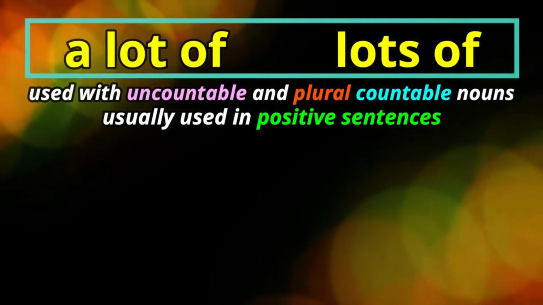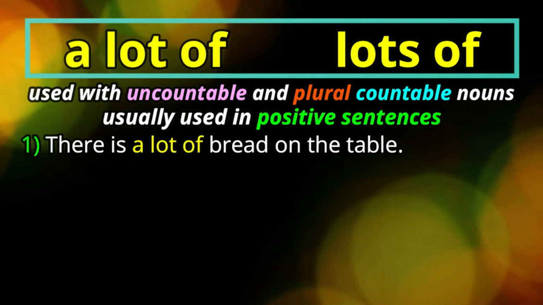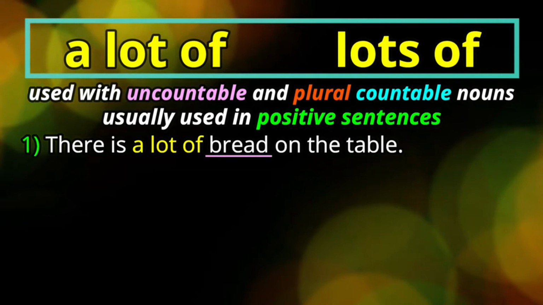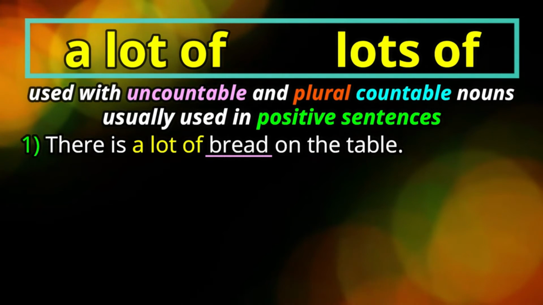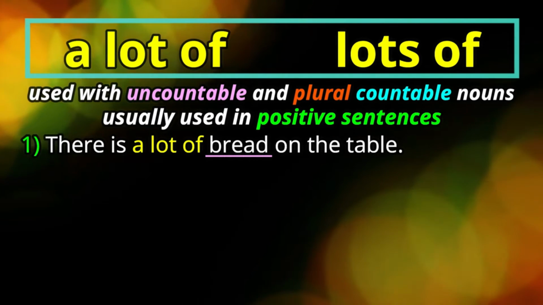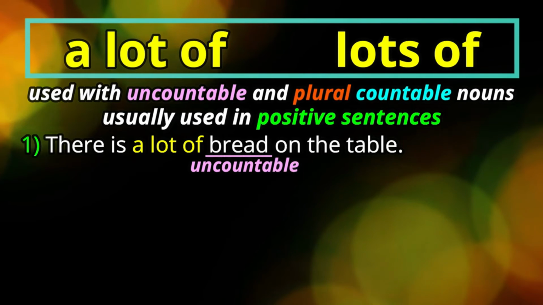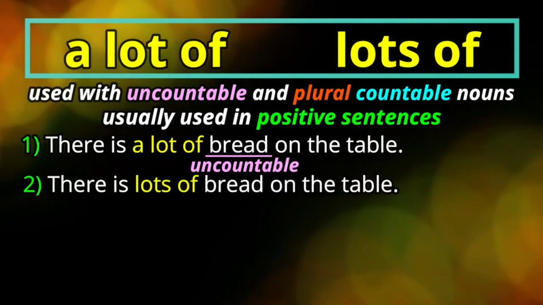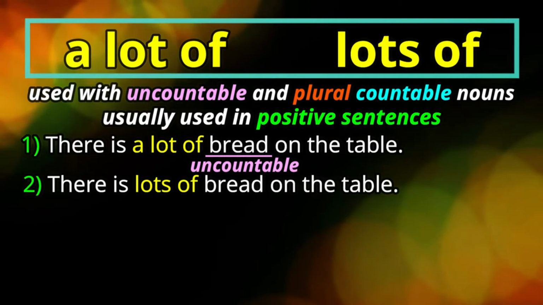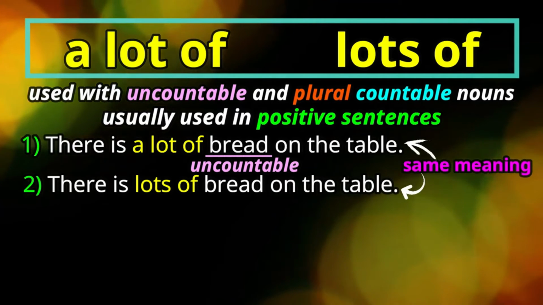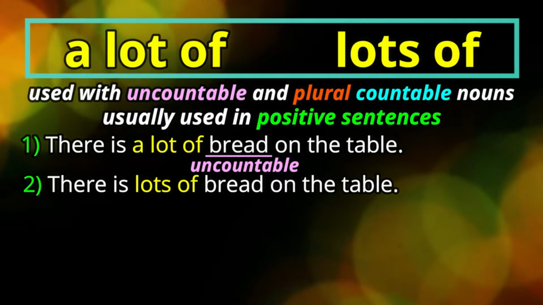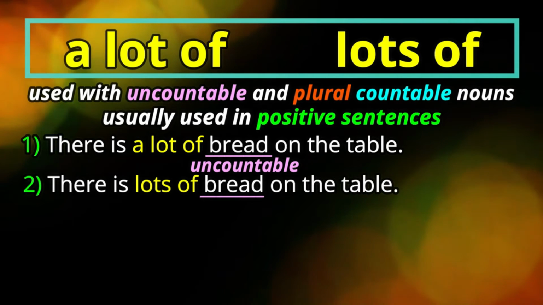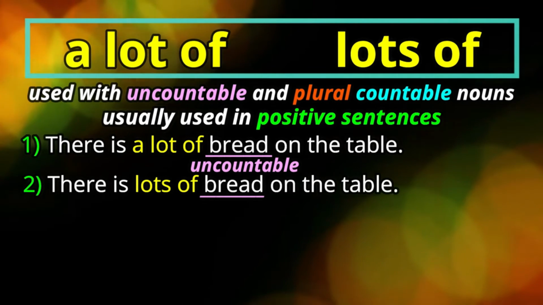So, in the first example, we have there is a lot of bread on the table. Bread? Is bread a countable or an uncountable noun? Uncountable noun. We can also say, number 2, there is lots of bread on the table. They both mean the same exact thing. So you can use a lot of or lots of with uncountable nouns. All right?